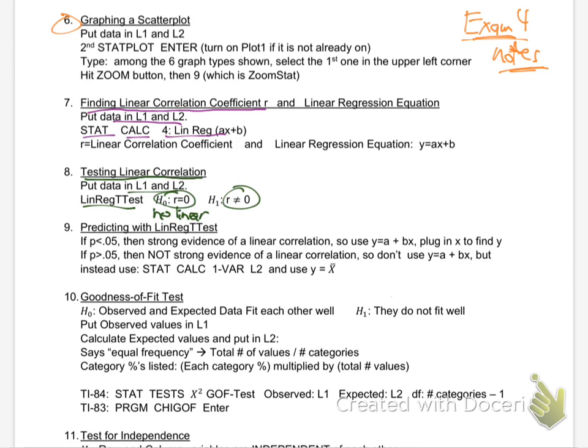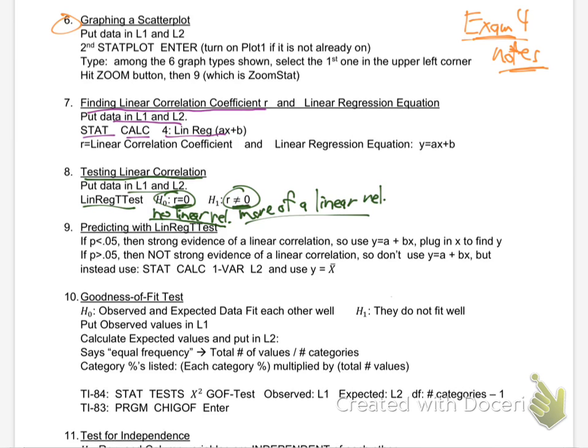Right, because if R is 0, there's no linear relationship. And so if R is not 0, then there's more of a linear relationship. So no linear relationship when R is 0. If R is not 0, there's more of a linear relationship.